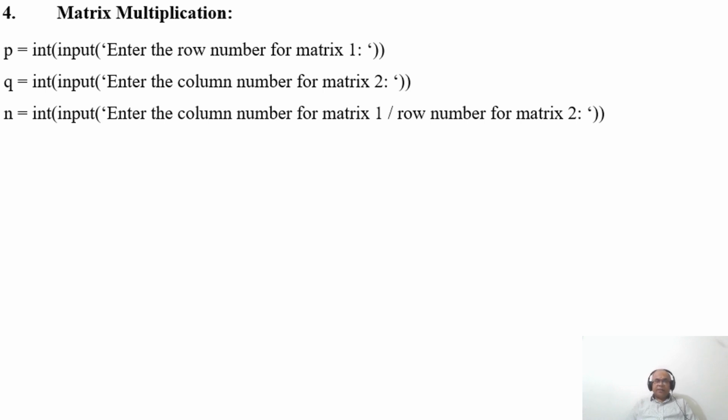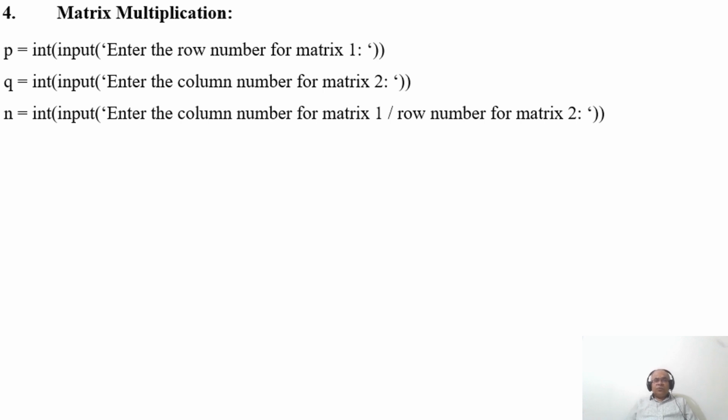The resultant after the matrix multiplication of the given two matrices will be P into Q. So if I consider P equals 2, Q equals 4 and N equals 3, matrix 1 will have P cross N and matrix 2 will have N cross Q. Always the first one is the representation of the row and the second one is the representation of the column of any given matrix.